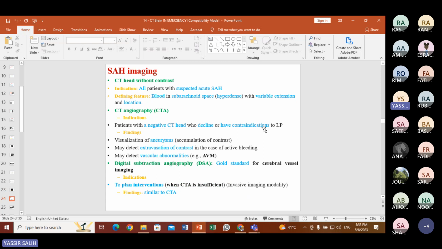Subarachnoid hemorrhage is assessed by CT without contrast, like all the hemorrhages we discussed. Any patient suspected of subarachnoid hemorrhage should have a CT head without contrast. The manifestation of subarachnoid hemorrhage on CT appears as blood in the subarachnoid space.